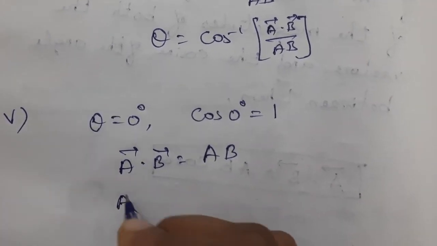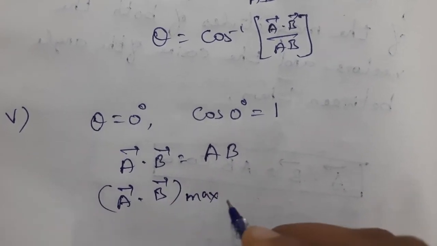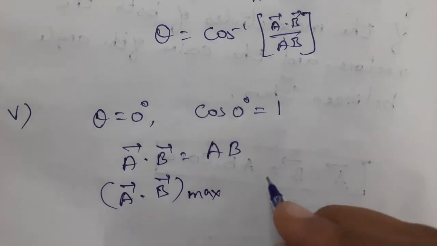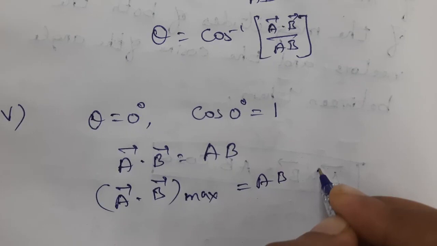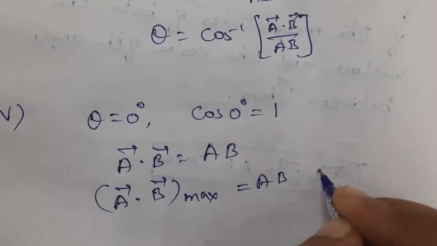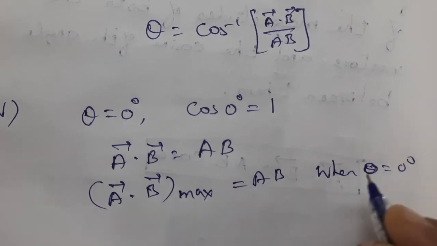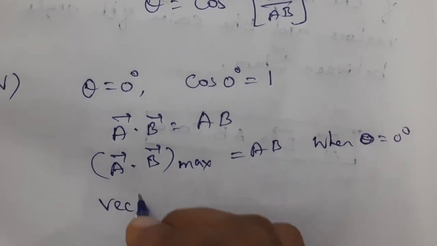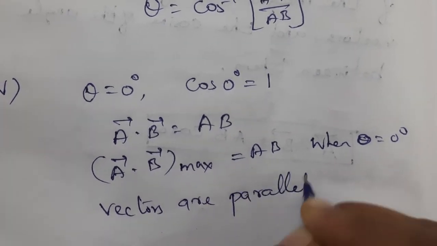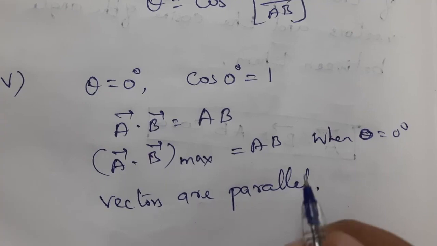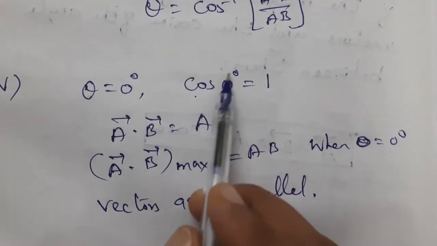A dot B has the maximum value when cos theta equal to 1, that is theta equal to 0 degree. That means the vectors are parallel.